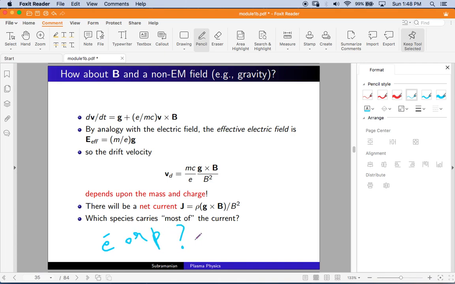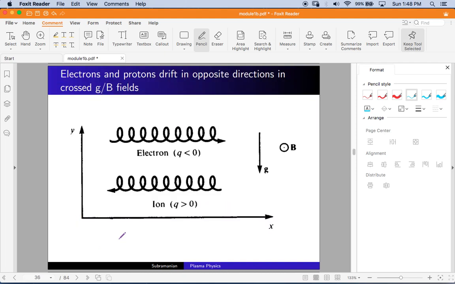Normally, in everyday life, current is carried by the electrons, right? The protons are sluggish, they're hanging around. It's the mobile electrons that go around carrying the current. So in this case, is that correct? This kind of drift current, is it the same? Think about it. The answer might surprise you.